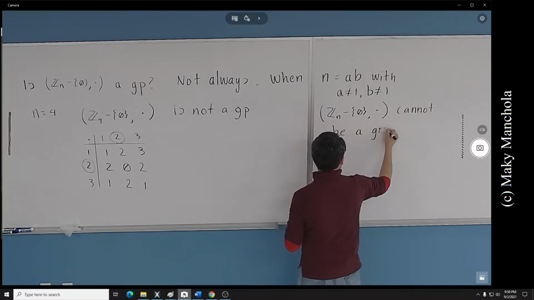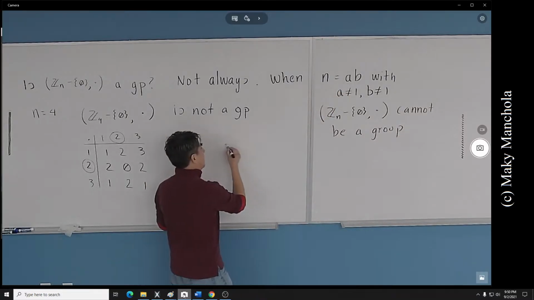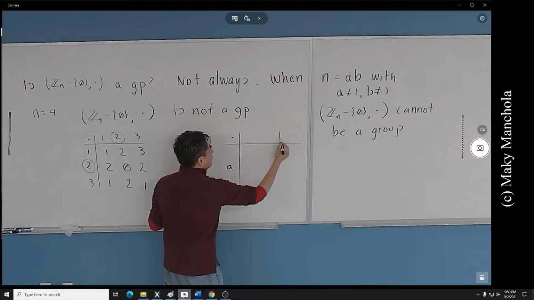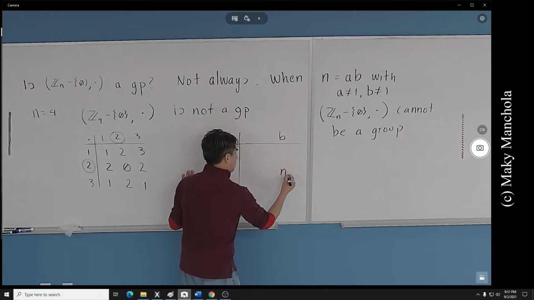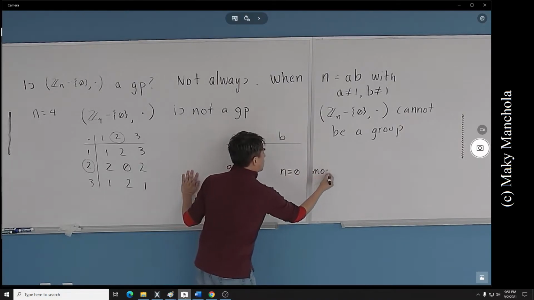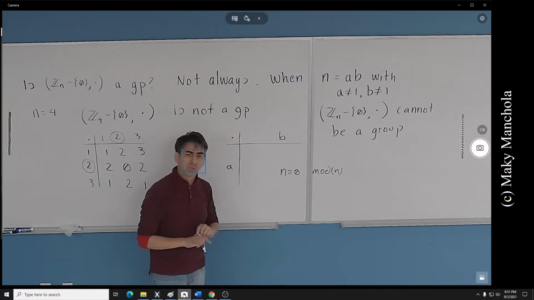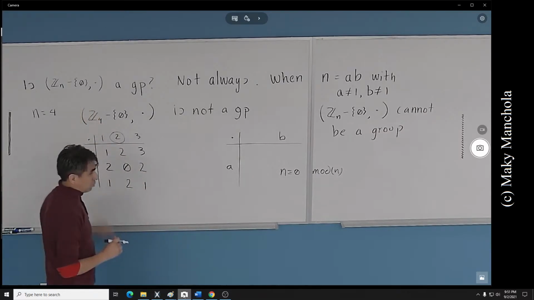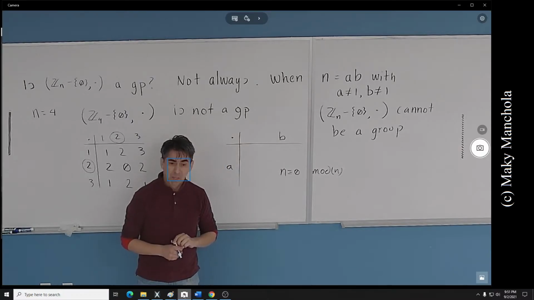Because what happened here will happen in general. So here's your Cayley table. You have A somewhere around here, you have B somewhere around there. When you multiply them, you get n, but that's congruent to 0 modulo n. So in the Cayley table, what you will see is a 0. So the closure condition will not be satisfied. So if this is going to be a group, the only possibility that you have is the case when n is a prime.